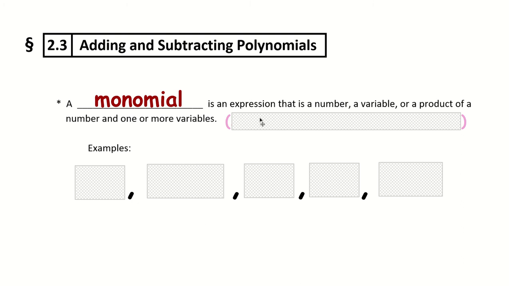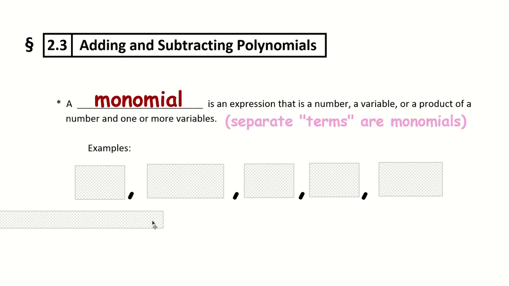A monomial is essentially a term. A monomial is essentially a polynomial that only has one term, because mono as a prefix, the M-O-N-O part, means one in the English language, or maybe many other languages. So monomial means basically one term of a polynomial.